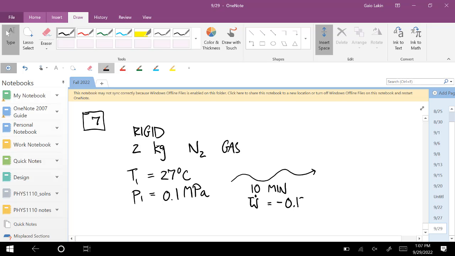So this is 0.12 times 10 to the third watts. And then the heat isn't given as a rate, it's given as a total. And now heat is lost, it says, and so that's negative 12.59 times 10 to the third joules. And we want to find the final temperature and pressure.